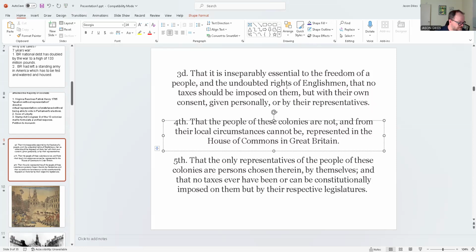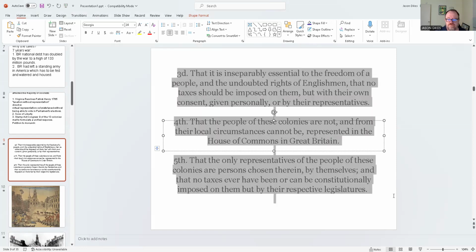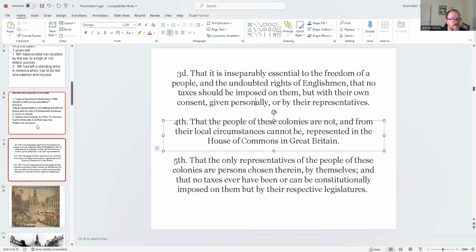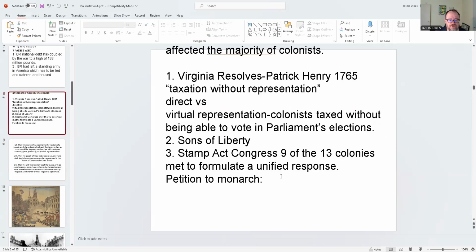Okay. There's a lot in the Stamp Act, but these are the three most important parts. And this is really what the Virginia Resolves have been talking about with regards to virtual and direct representation. Okay, it's laid out here in the Stamp Act petition.